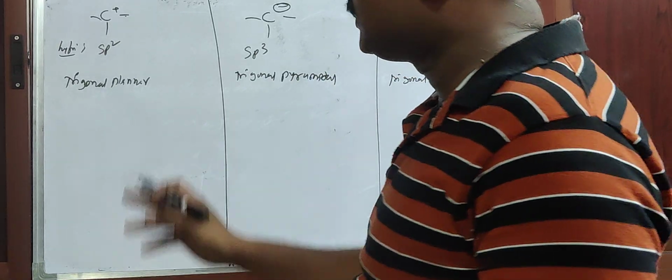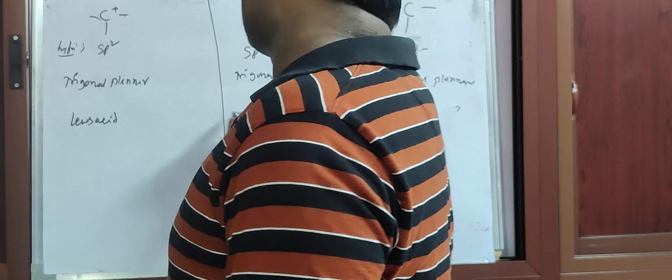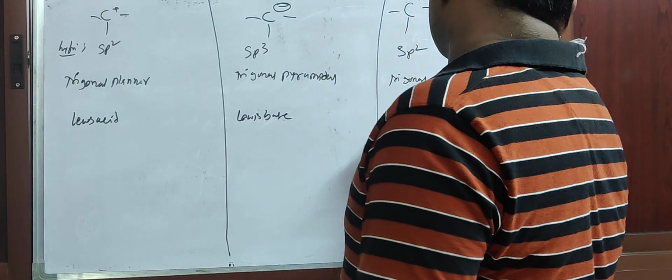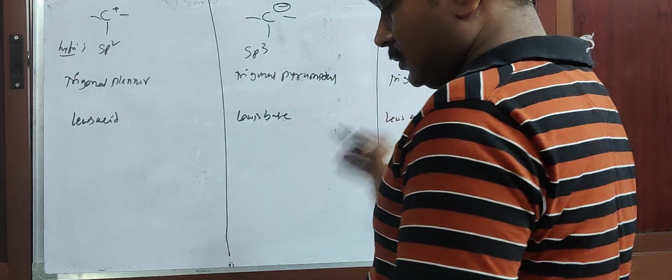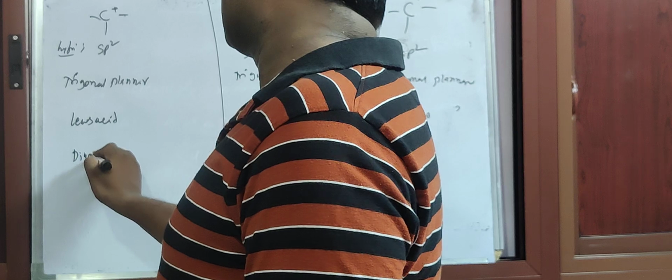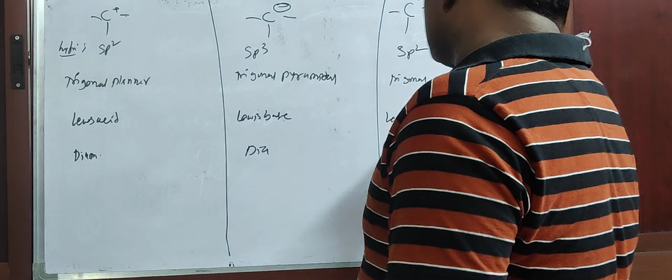Next, this is a Lewis acid, this is a Lewis base, and this is also electron deficient, a Lewis acid. This is diamagnetic, this is also diamagnetic because of the lone pair, and this is also diamagnetic.